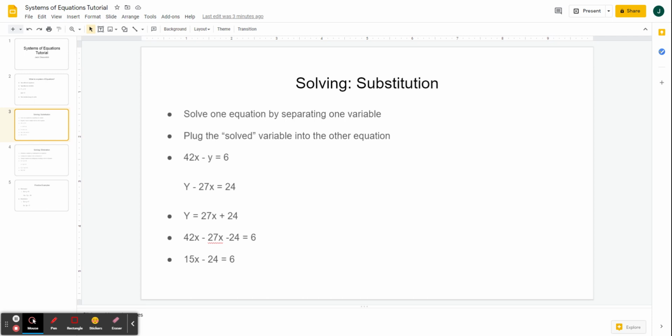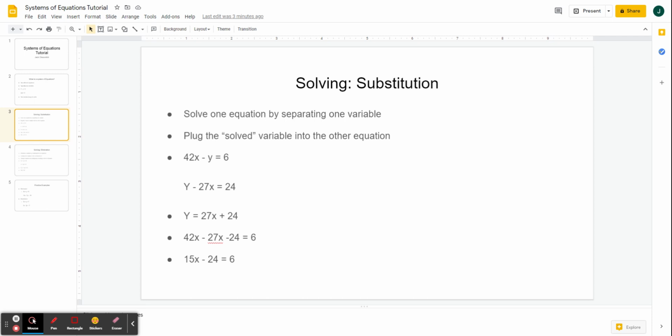So we have our first equation, 42x minus y equals 6, and our second equation, y minus 27x equals 24. We only need to solve for one of the variables in one of these equations to be able to substitute. And just like in solving equations, we're going to do that by adding, subtracting, multiplying, or dividing.